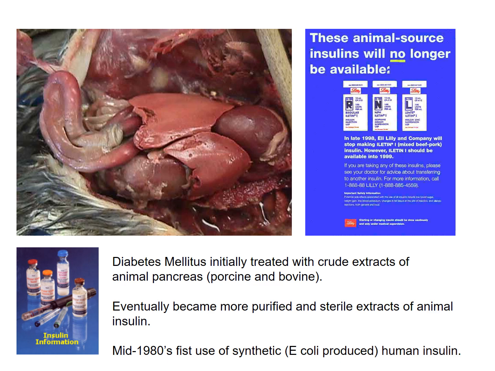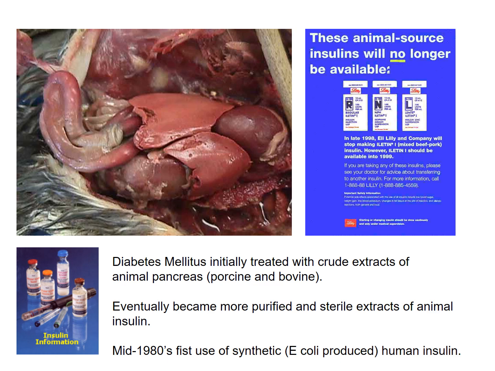And I went to medical school between 82 and 86. I did my residency between 86 and 89, and I still quite vividly remember treating kids with type 1 diabetes with both cow and pig insulin products.